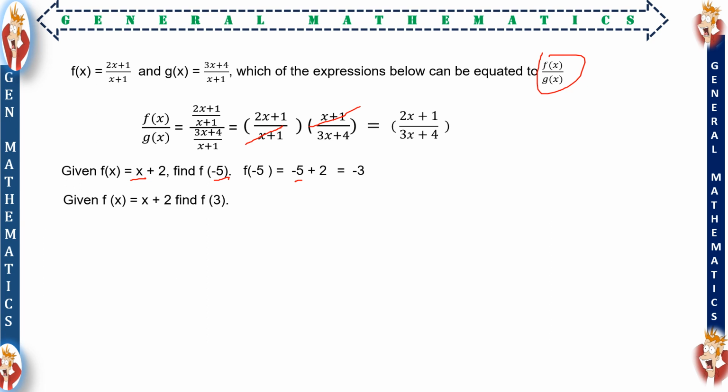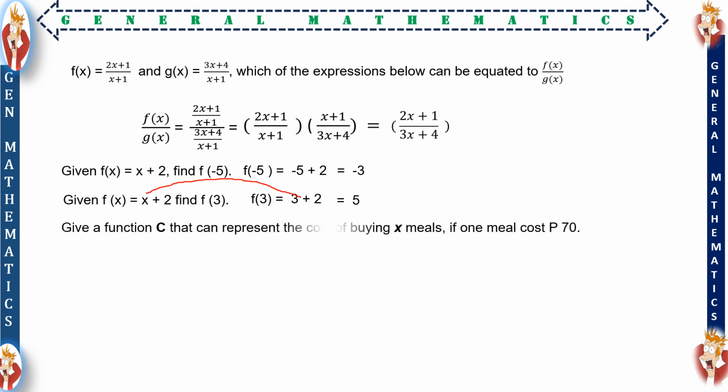Halimbawa, ang ating equation is the same, x plus 2, pero ang value ng x natin is iba. Ang pinili natin is number 3. So, palitan lang natin ng 3 yung ating value ng x. O yan. Then, plus lang natin sila. Therefore, ang final answer natin is 5. Let's have the next problem.